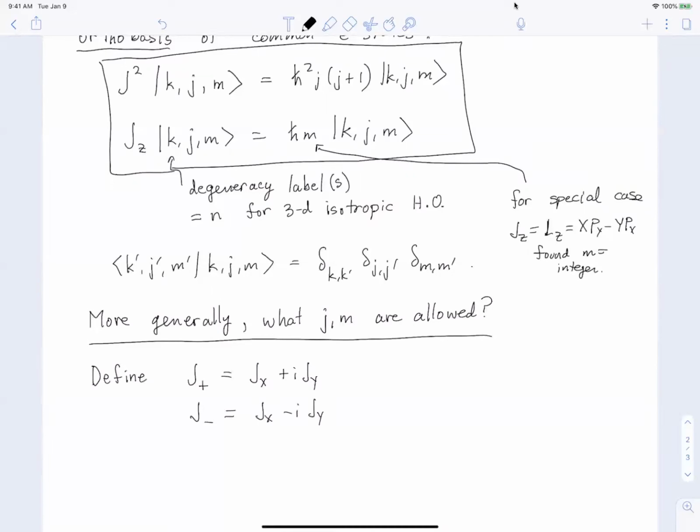So we've made a special choice by singling out Jz, and then whatever the other two components are, we define these combinations. And these are called raising and lowering operators for angular momentum, specifically for the M eigenvalue. They are similar in many ways to A dagger and A for the harmonic oscillator in one dimension.